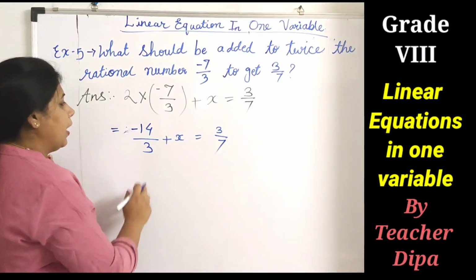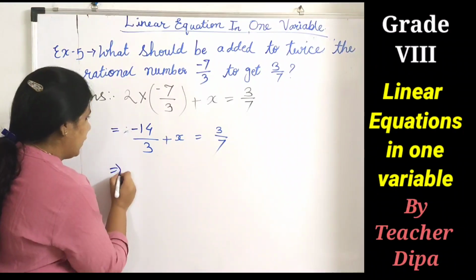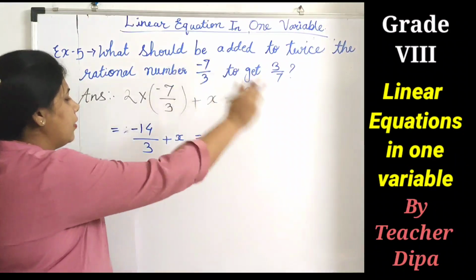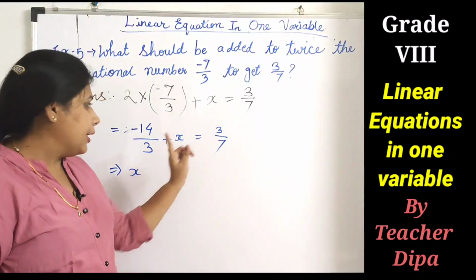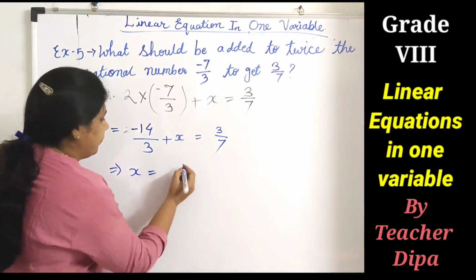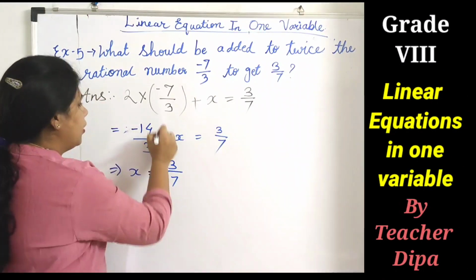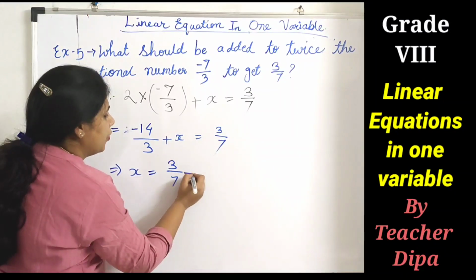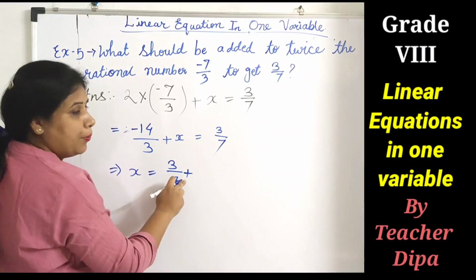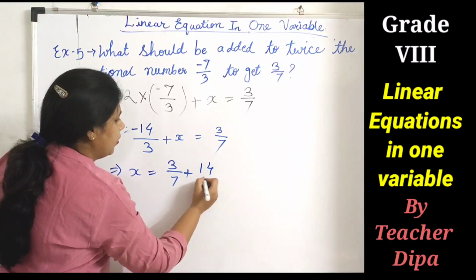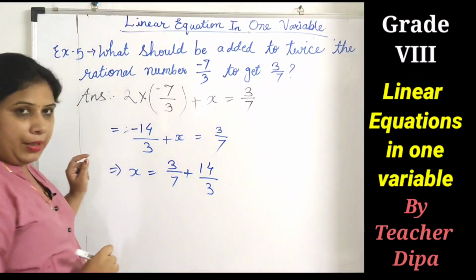Of course. Now we can shift x to this side and minus 14 by 3 to that side, so we can get 3 upon 7. If I am shifting this number to the right hand side, this will become minus, I mean plus, and it becomes 14 upon 3.